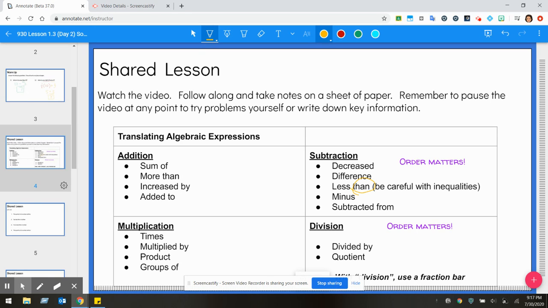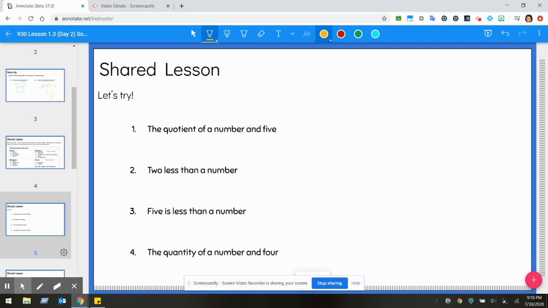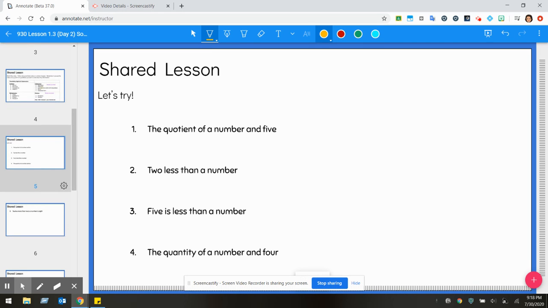For multiplication, some key words are times, multiplied by, product, and groups of. And for division, divided by, quotient. And remember, I think I mentioned this in the last lesson, to start using a fraction bar with division. We're going to try to not use that little division symbol anymore and use a fraction bar in place of it.